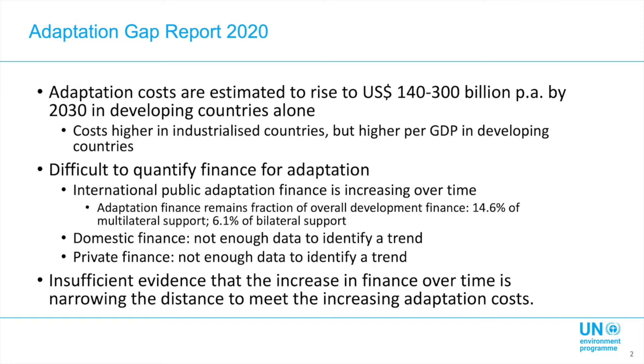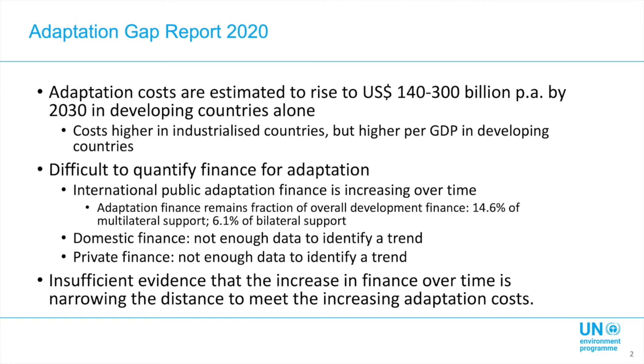The second source, domestic finance, in line with the presentation by Annette Meuner of the UNFCCC just now, we can expect that domestic finance is increasing, but we do not have enough data to identify a trend here. And the same accounts for private finance. We can expect an upward trend, but we simply do not have enough data here.